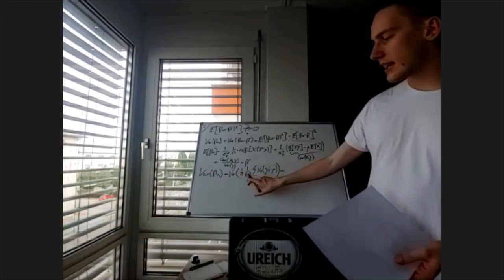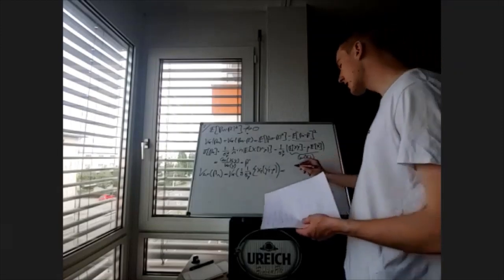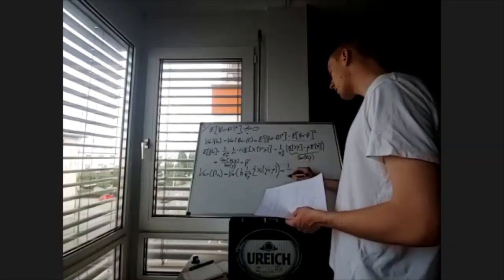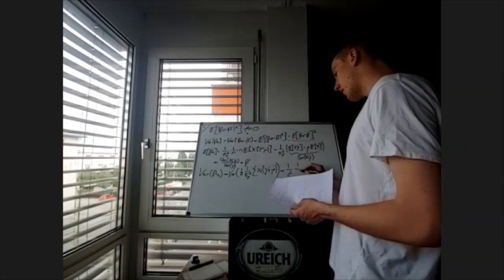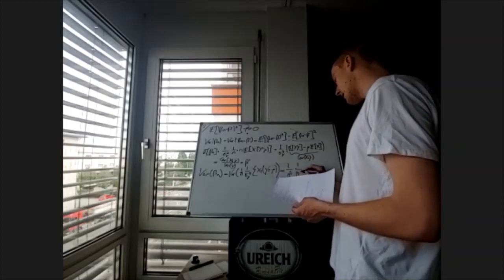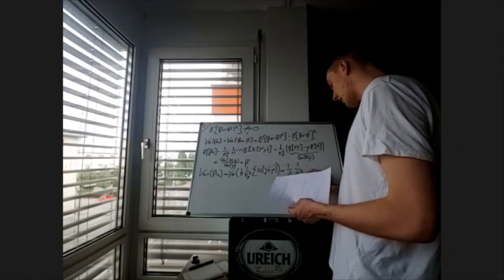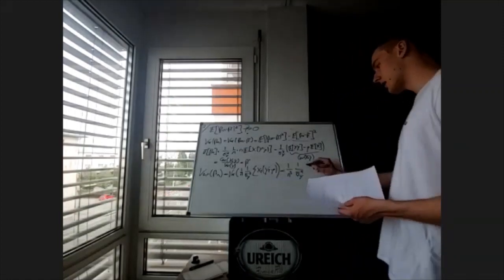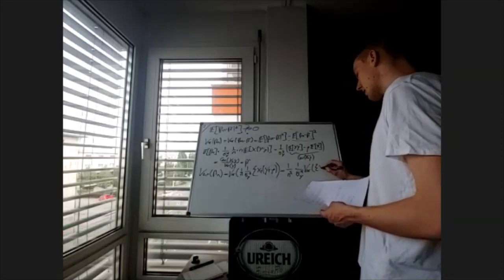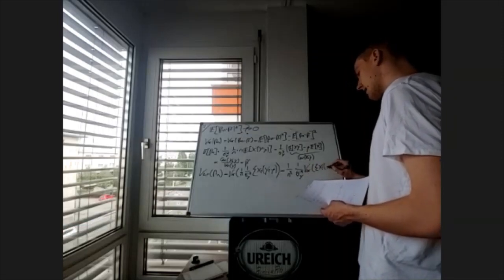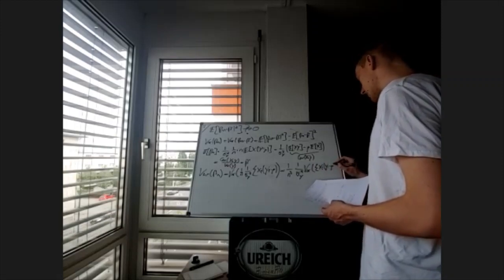Well, these scalars, we just pull them outside. We have to square them because it's the variance. So we have here 1 over n squared times 1 over the squared variance, which is sigma to the power of 4, times the variance of the sum of x_i, y_i minus mu.